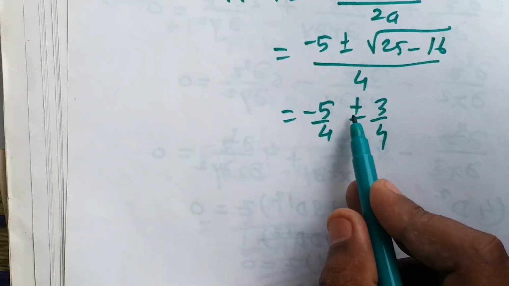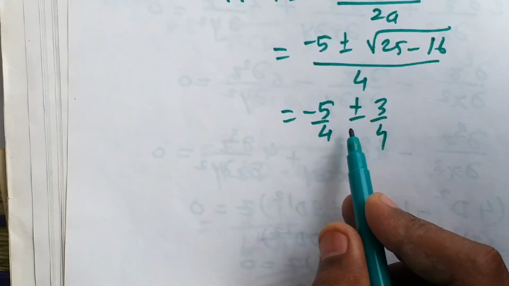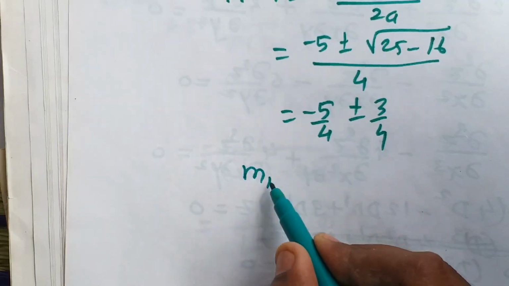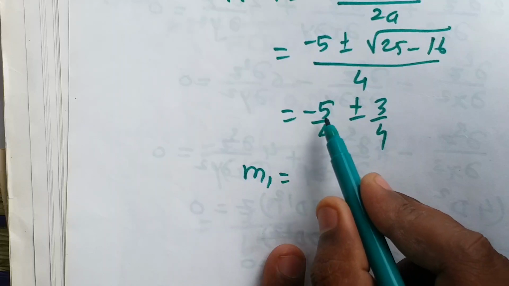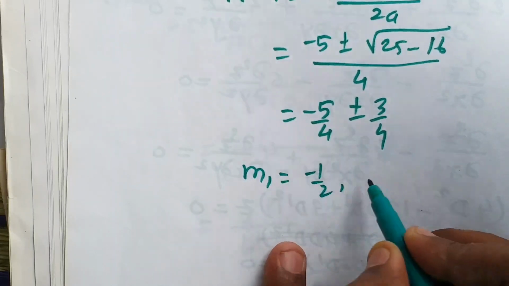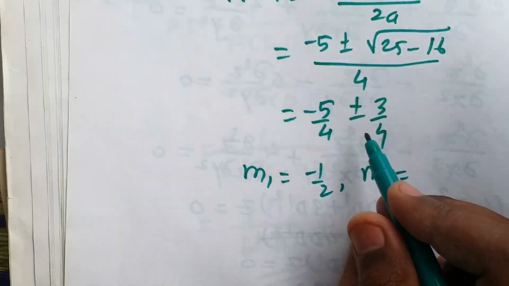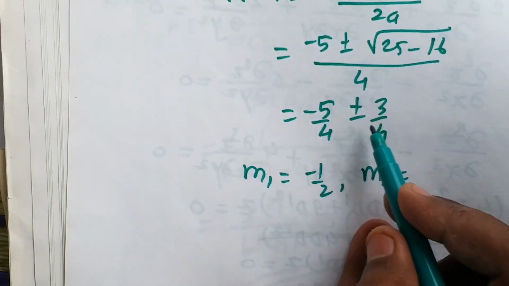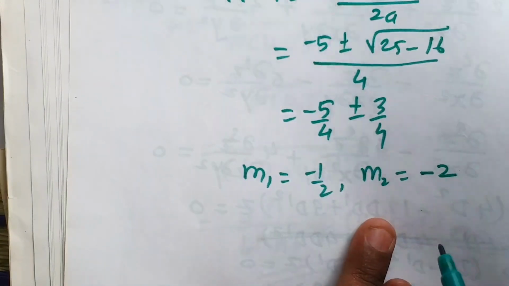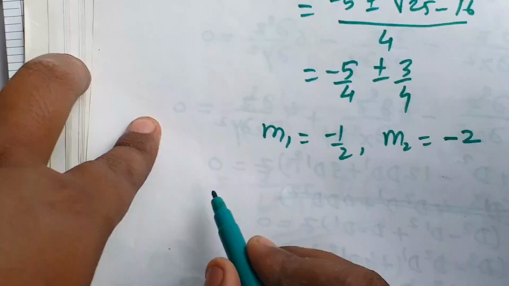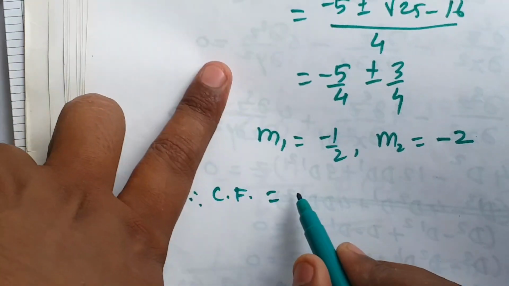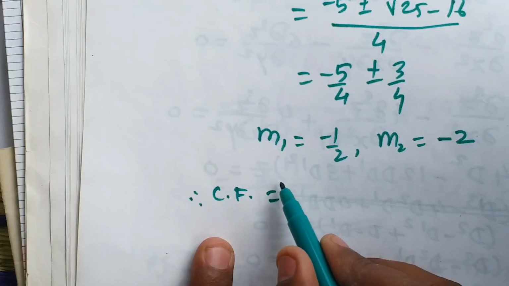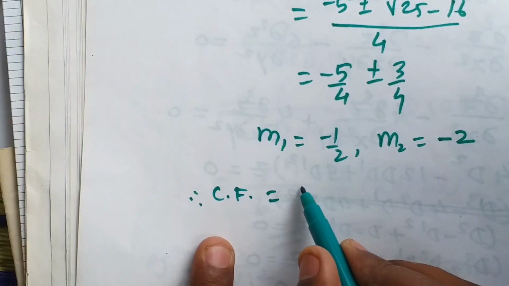Now if you take plus one time and minus one time, you get the first root m1 as minus 5 by 4 plus 3 by 4, that is minus 2 by 4, so minus half, and the second root as minus 5 by 4 minus 3 by 4, that is minus 8 by 4, so minus 2. So two roots we have obtained. Therefore the CF, that is the general solution, is CF equal to phi 1 of y plus m x.